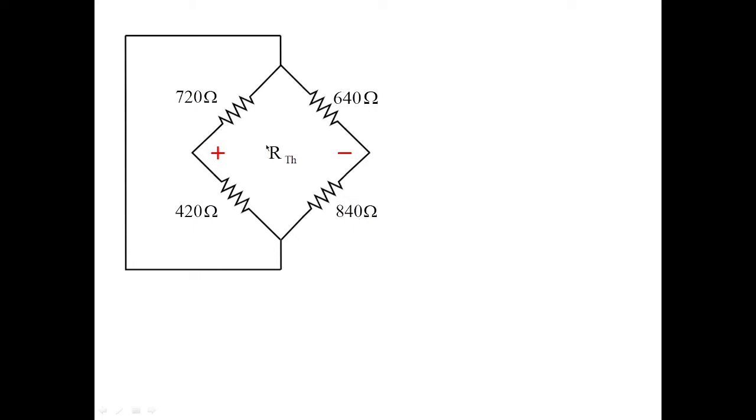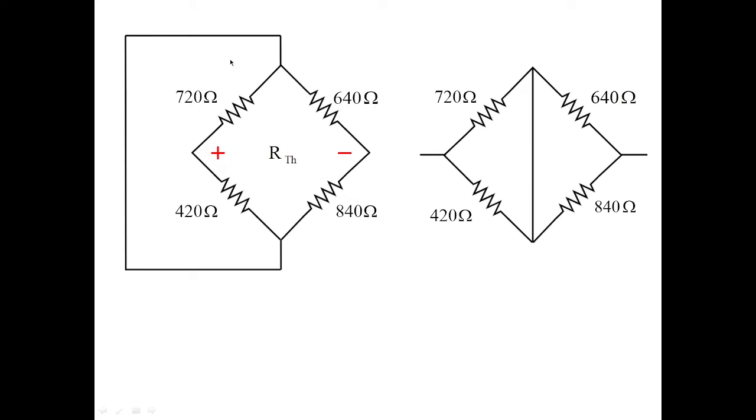Now this equivalent circuit can be further changed to this equivalent circuit. I have taken this wire which is outside of this particular loop inside the loop. Now with this resemblance, we can see 720 is in parallel to 420, 640 is in parallel to 840.